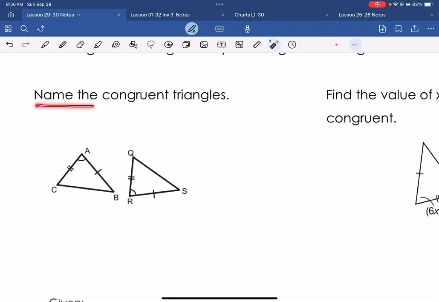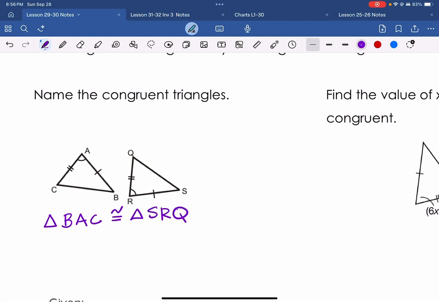Now the directions here say name the congruent triangles. So remember from last time, order matters. So if I list this as triangle BAC, then I must say it's congruent to triangle SRQ. Here's why.